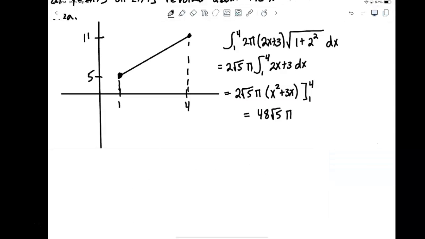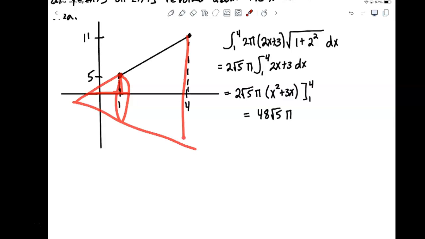Okay, so pretty straightforward. Again, you could go back, as I mentioned, and extend this line over here to negative 3/2, and then you would have your little cone, which has a radius of 5 and a height of 2.5, and you could figure out its surface area.